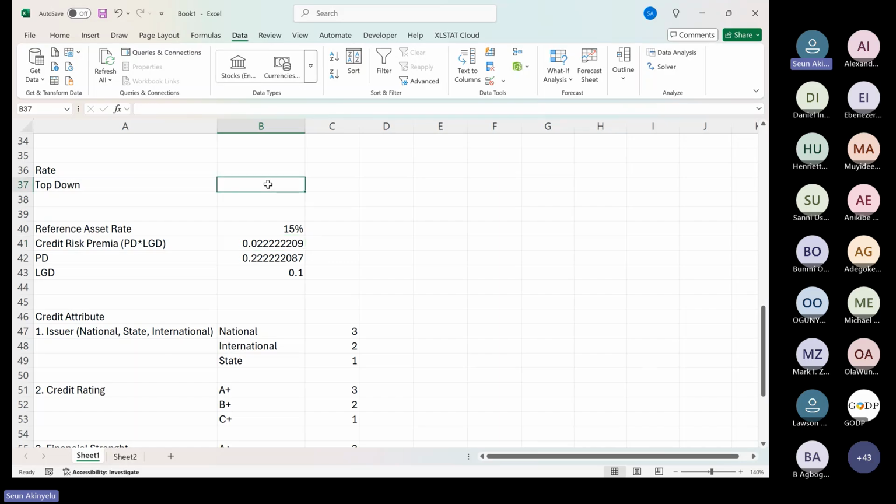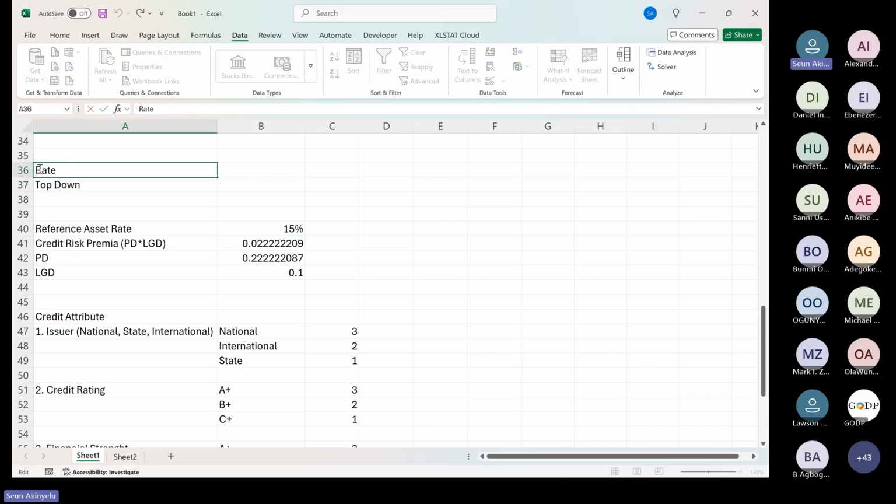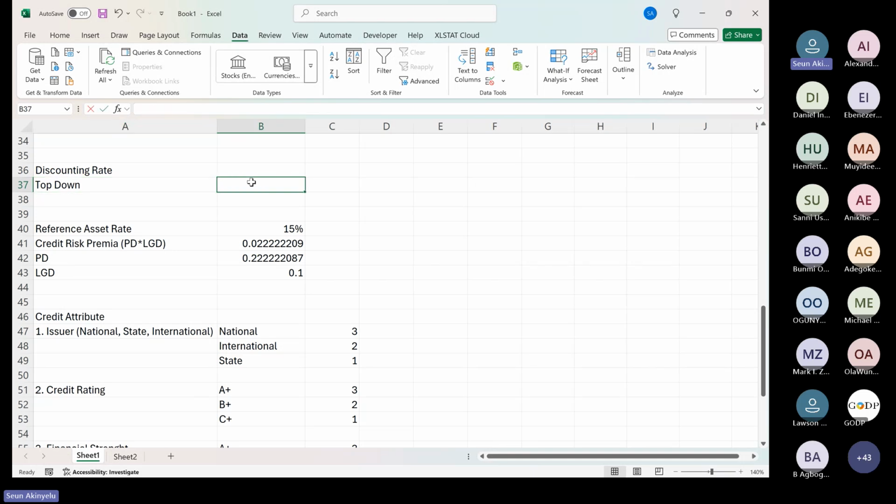The top-down rate is the discounting rate or discounting factor we are calculating, since we said you can use top-down or bottom-up. So using top-down, it equals the reference asset rate times 1 minus the credit premium.